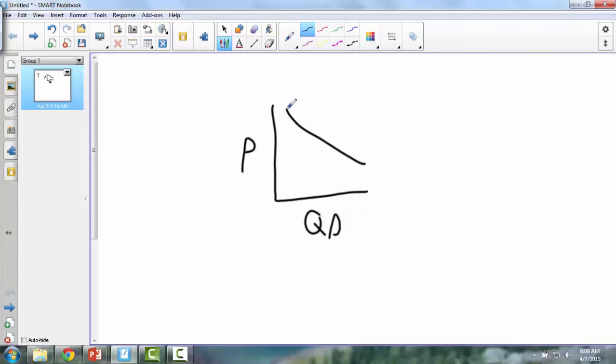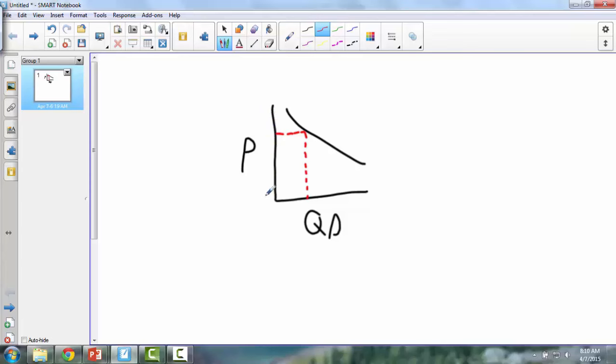Now think about this. The law of demand applies here. Let's pretend we're talking about basketballs. Let's say this is the price of basketballs. Again, I used to teach math, but for economics, I'm more concerned about the bigger idea, so we don't have to necessarily fret about the numbers over here.